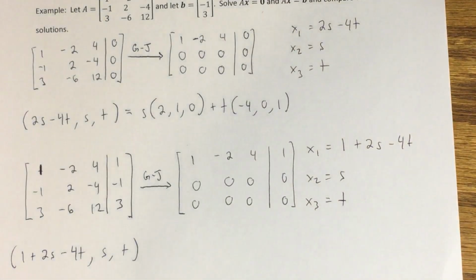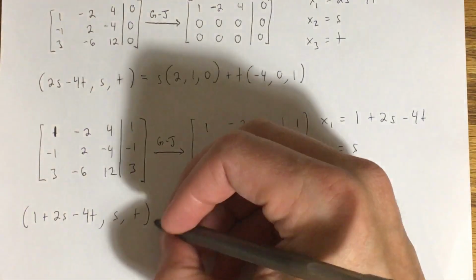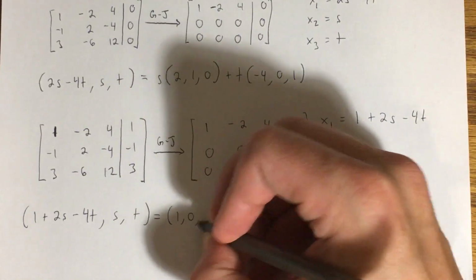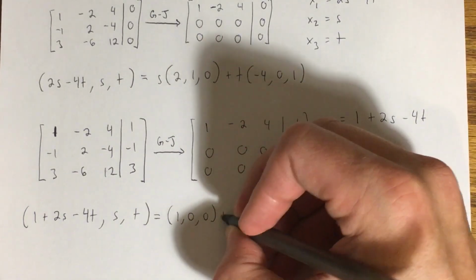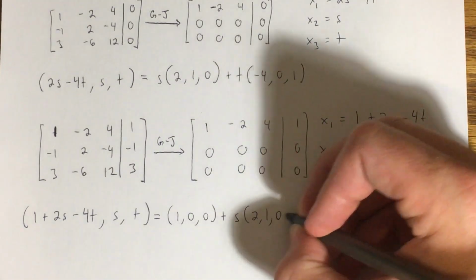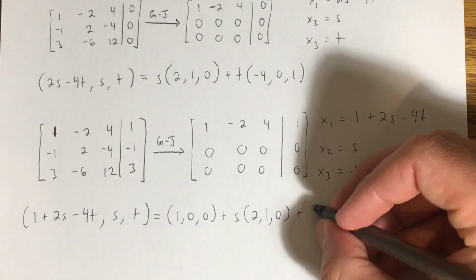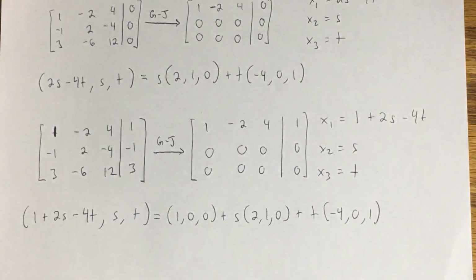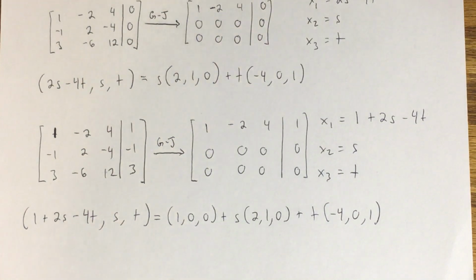s, t. But if we write that as a linear combination, that's going to look like 1, 0, 0 plus s times 2, 1, 0 plus t times negative 4, 0, 1. Okay?